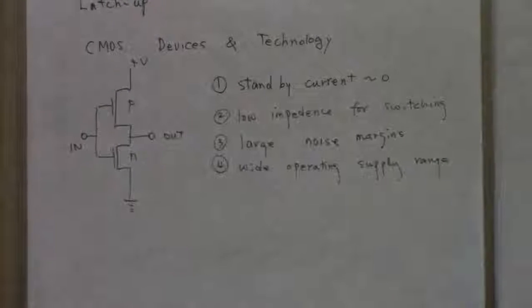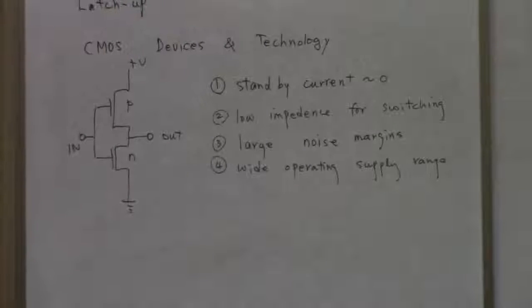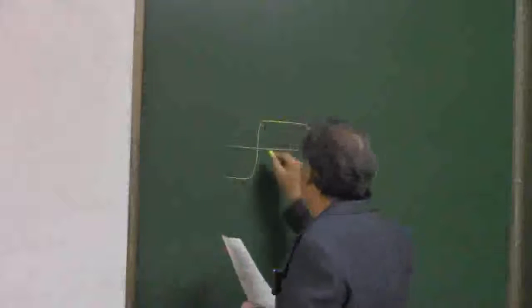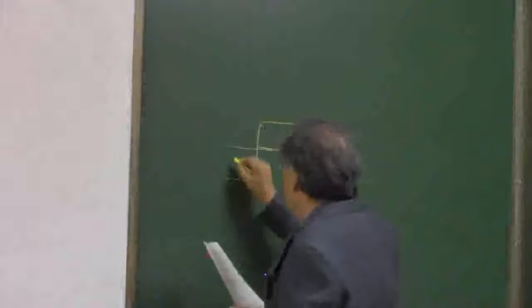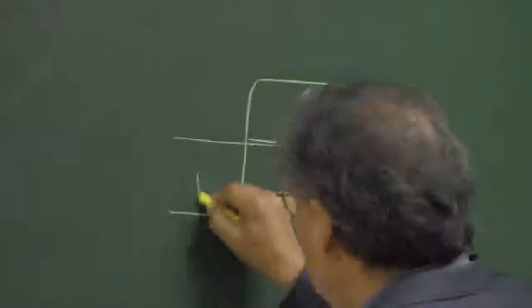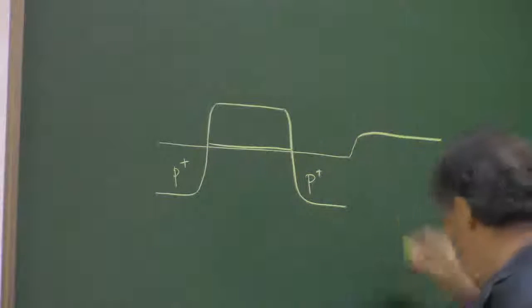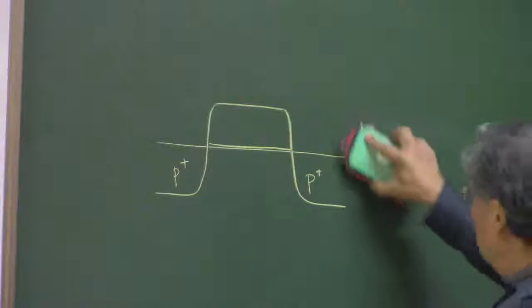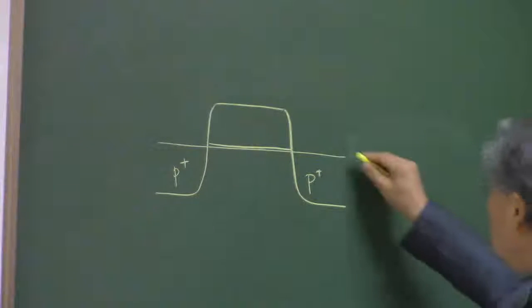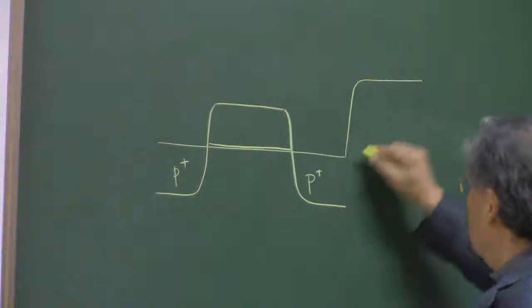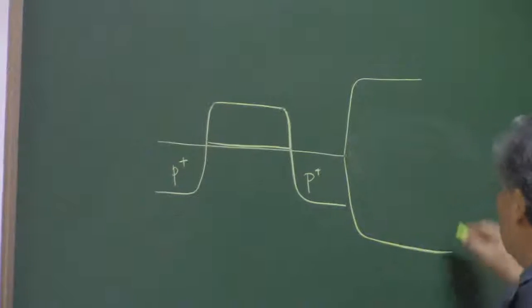Typical CMOS structures. Let's see. We have PMOS, P plus, and then we can have, I have to draw this to the scale.